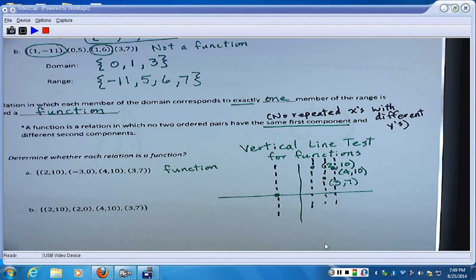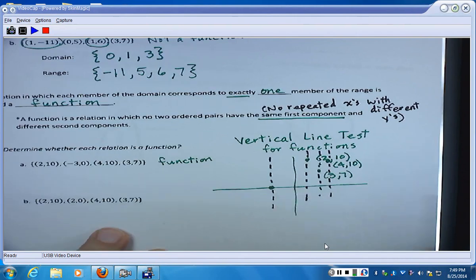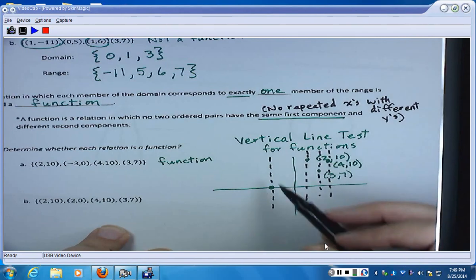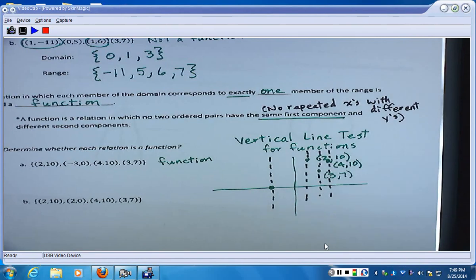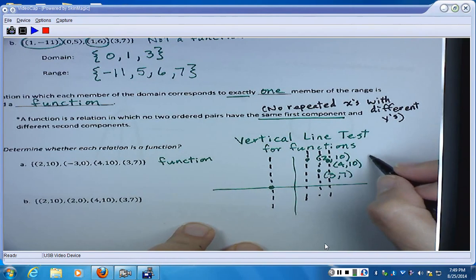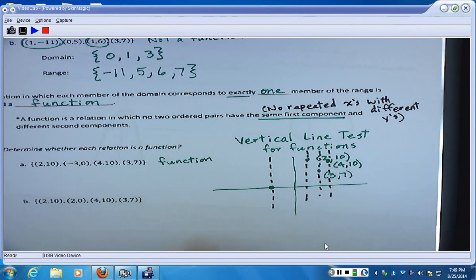Because it's hard for me to remember, can there be 2 x's with different y's, or can there be 2 y's with different x's? So if I graph it and check out the vertical line test, since I can only go through one point with each vertical line, this means this is a function. If you went through 2 points, it wouldn't be. So what's the next one be?